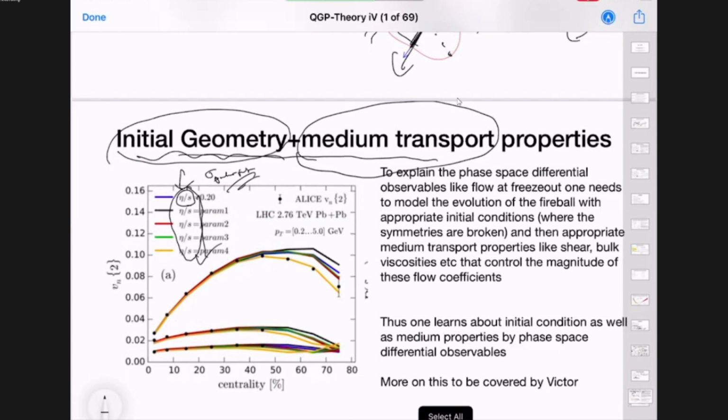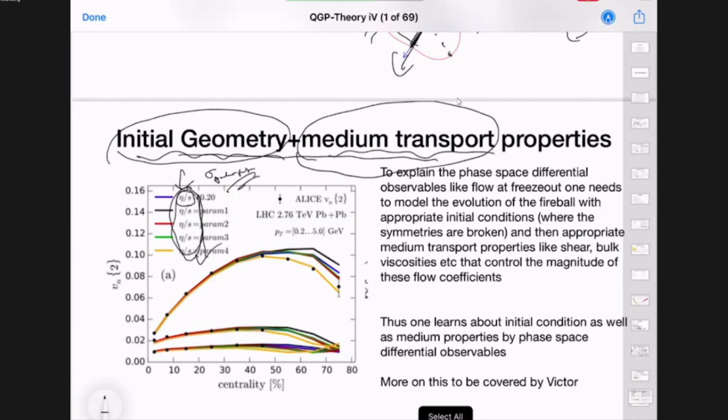But one thing we didn't get a chance to talk about in these lectures was that although lattice QCD, this first principle framework, has so far been very successful in computing the equilibrium thermodynamic properties, the other kind of medium properties that you can also talk of are these transport coefficients.